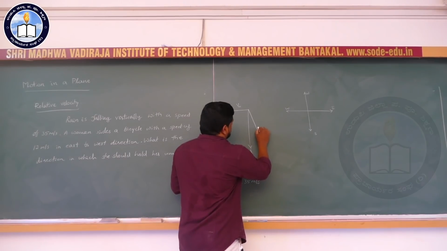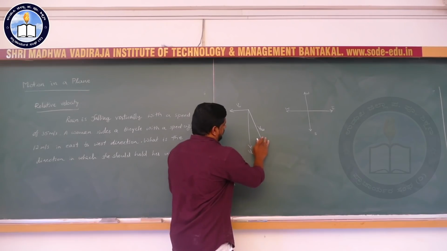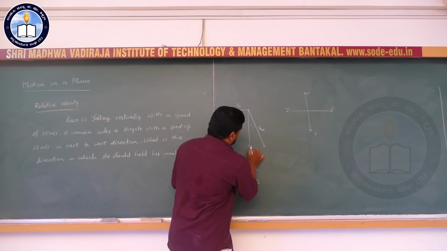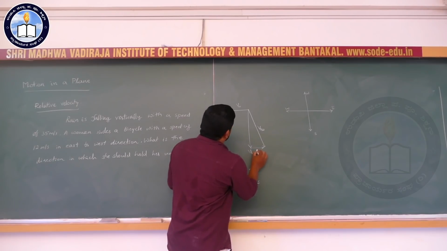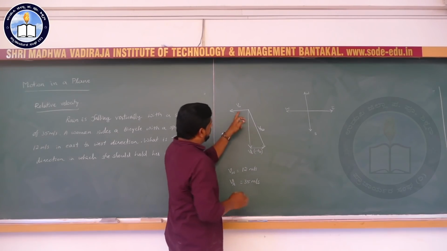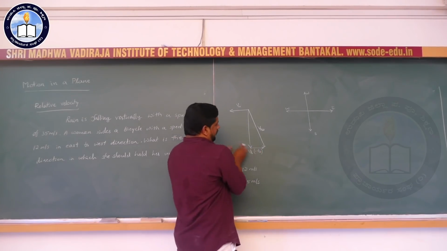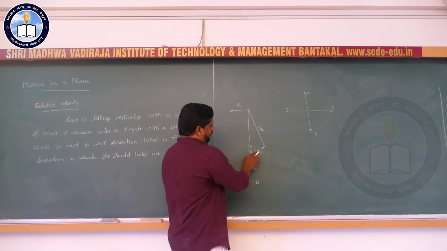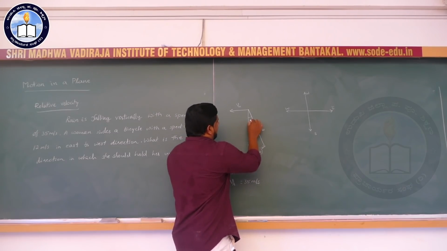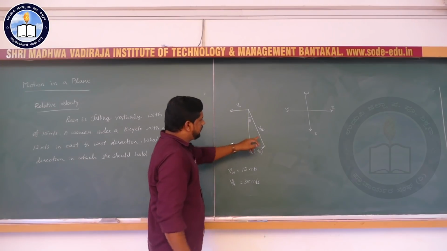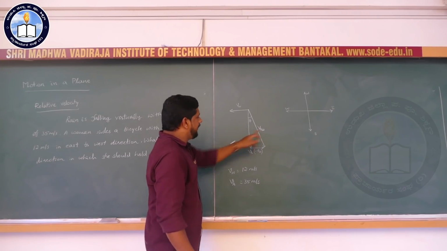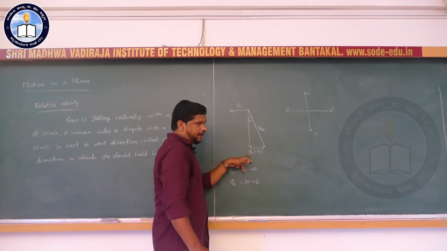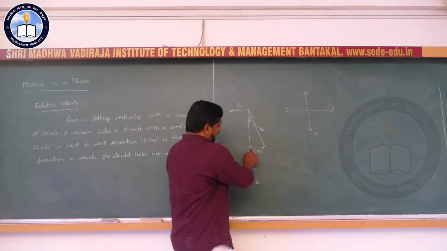So, this is VRW. In this case, this will be minus VW, that is, in the opposite direction of VW. Let it make an angle theta with respect to the velocity of the rain.